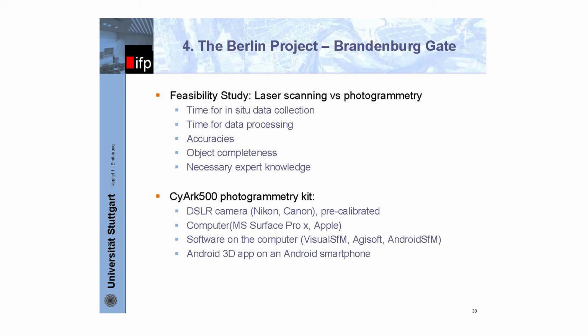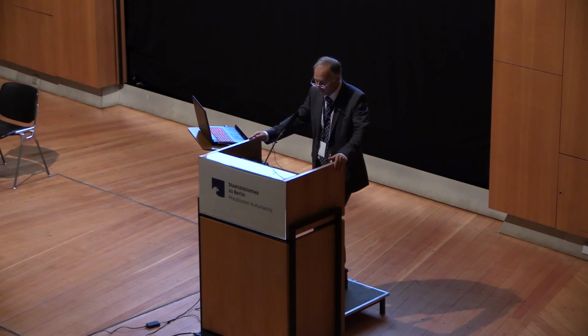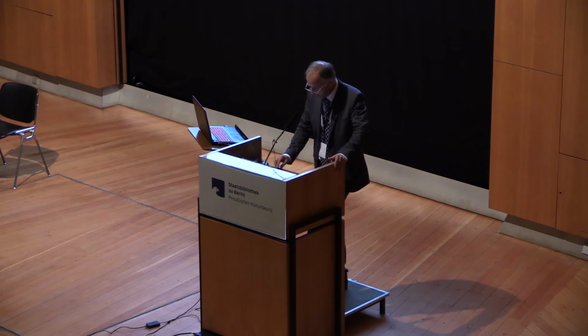And finally, what I have in mind is to deliver to CyArk the CyArk 500 photogrammetry kit. That means this should be a DSLR camera, a Nikon or Canon, which is pre-calibrated, a computer, maybe a Microsoft Surface Pro 3 or 4, or an Apple computer, software on the computer, and also the Android SFM running on the computer, and also the Android 3D app, just to check if everything is complete.